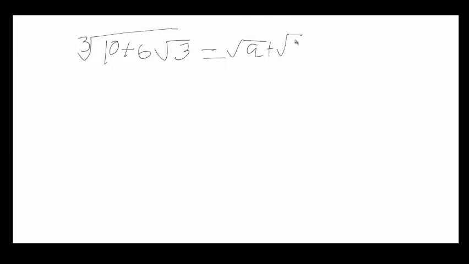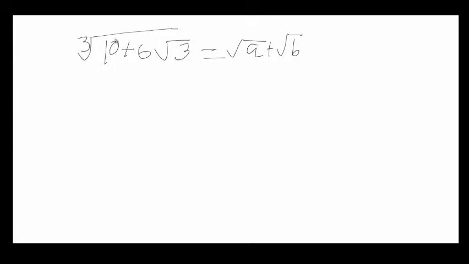Let's take the example as 10 plus 6 root 3. We have to find the cube root of this. How to find it? That's simple. While we were solving problems on how to find the square root, we had to equate this to root a plus root b, right?